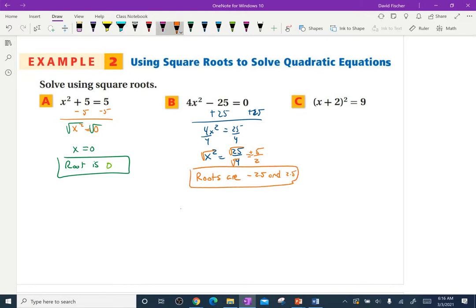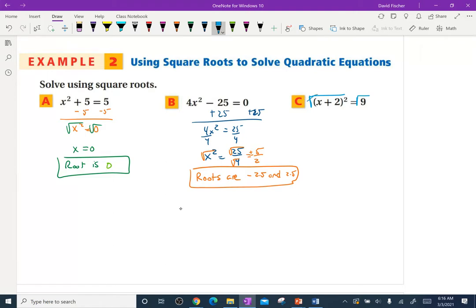Okay. Sometimes we notice here, hey, I got this whole quantity squared, and I look over here and I see, hey, that's a perfect square, 3 times 3. So I can do this at this point. Rather than taking x plus 2 times x plus 2 and get this x squared plus 4x plus 4, I'm just going to take the square now.